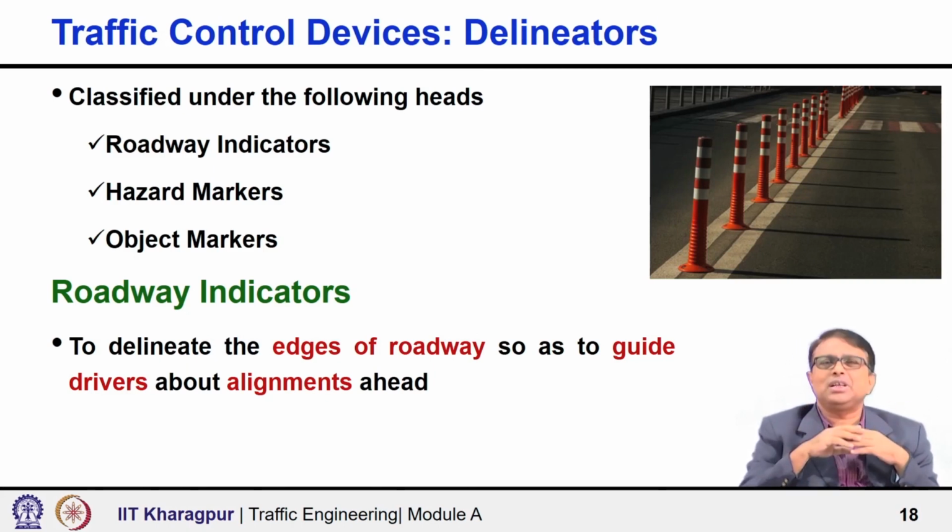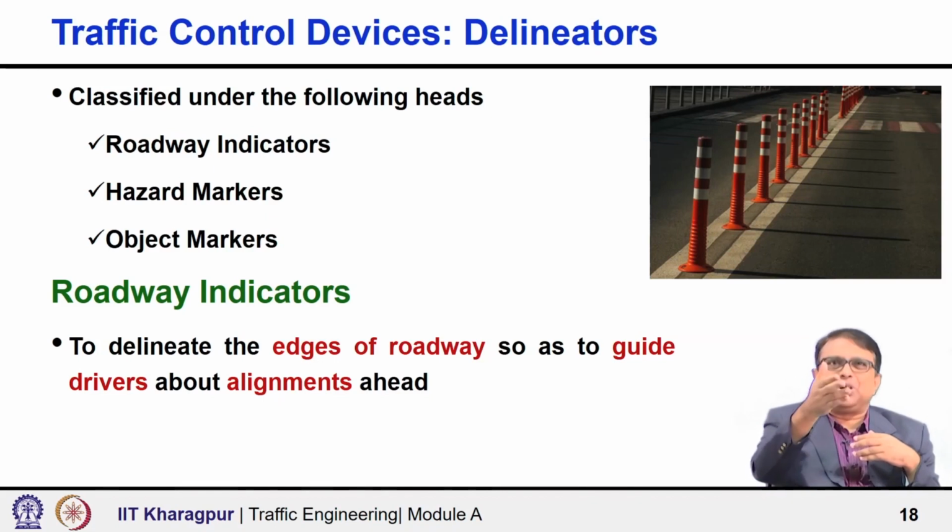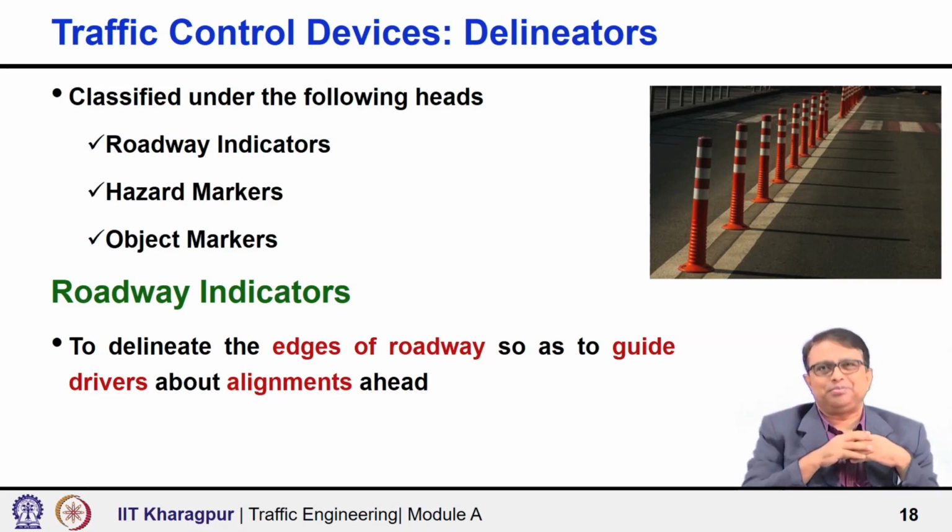What is a roadway indicator? It depends on the classification, or is purely based on function. The roadway indicator's purpose is to delineate the edge of the roadway, so as to guide drivers about the alignment ahead. I have been talking about this part mostly; whatever I say delineator is mostly actually the roadway indicator.